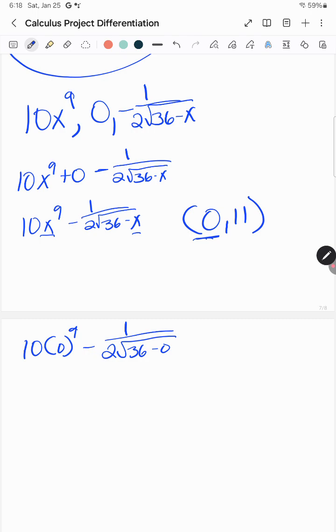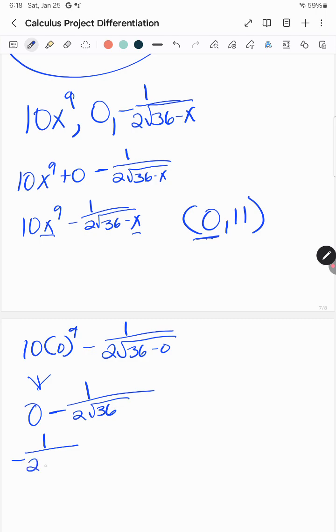So 10 times 0 raised to the ninth, anything times 0 is going to be 0. So we get 0 minus 1 over 2 times the square root of 36 minus 0, which is 36. So now we have negative 1 over 2 times the square root of 36.